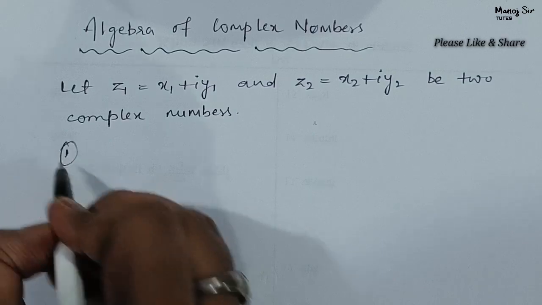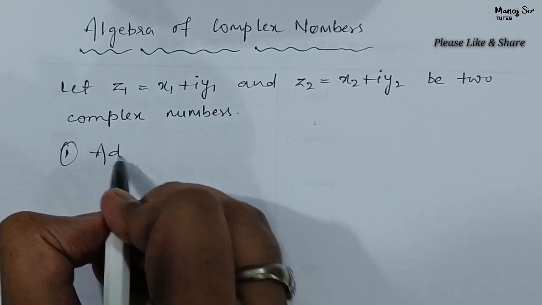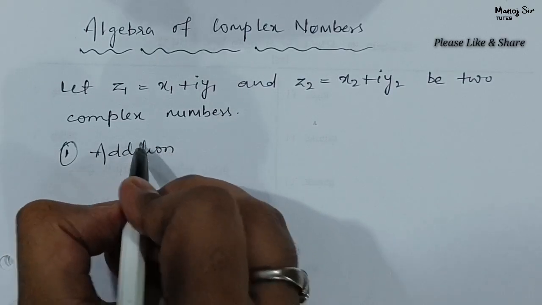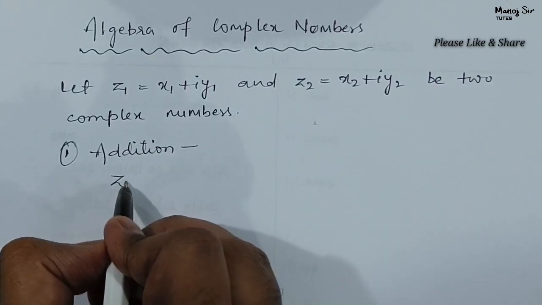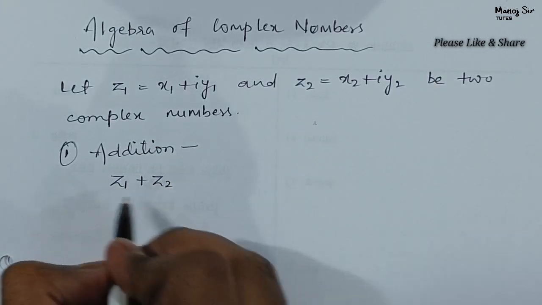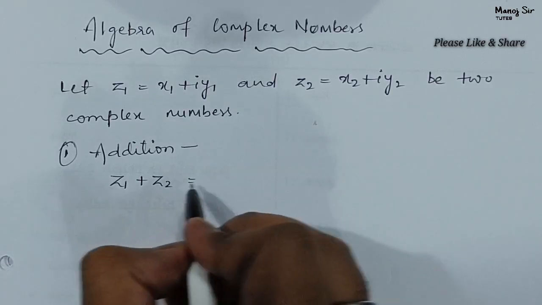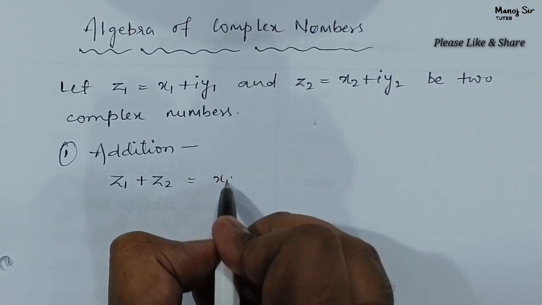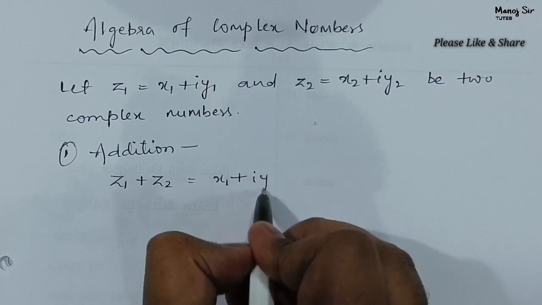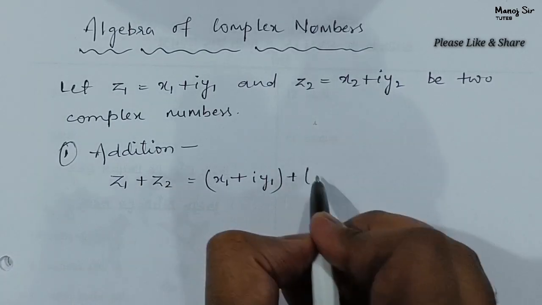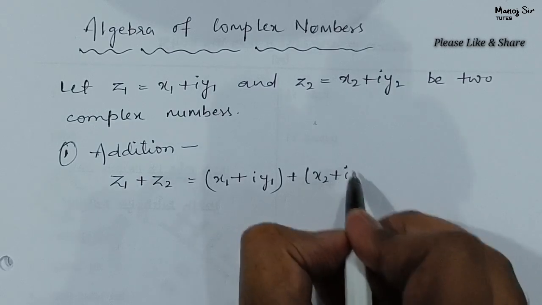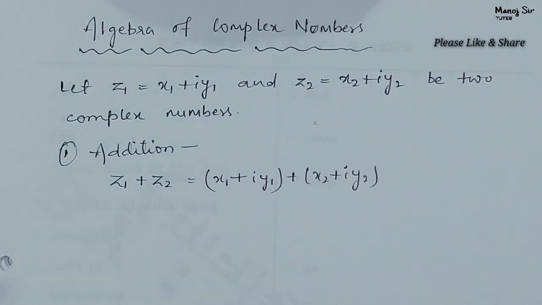So addition of two complex numbers. Okay. Suppose we are finding z1 plus z2. Okay. So what is z1? That is x1 plus i times y1. Again plus z2, that is x2 plus i times y2. Okay.